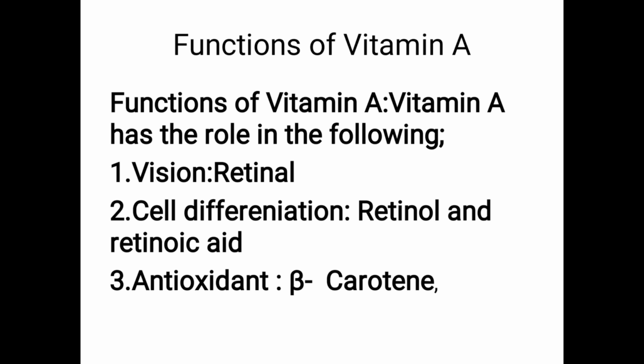Mainly the role in vision. The functions of vitamin A: the main role is in vision, that is retinol; then cell differentiation, by retinol and retinoic acid; and antioxidant. Beta carotene is the main antioxidant.